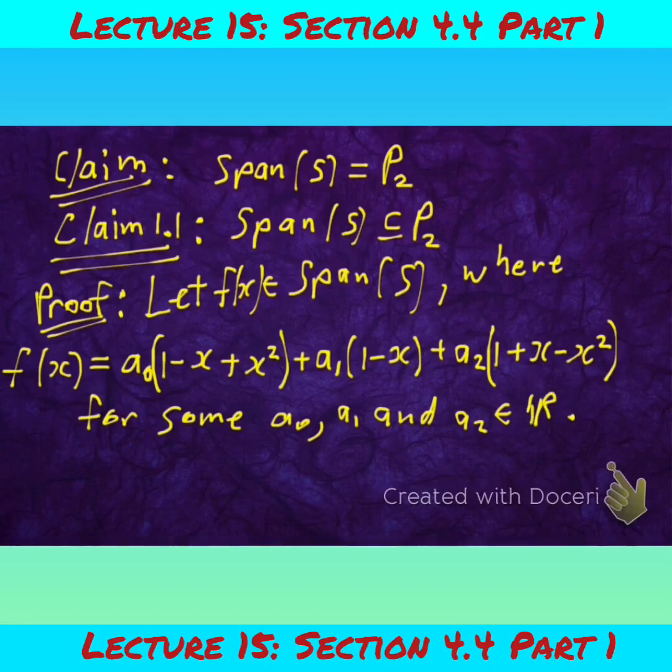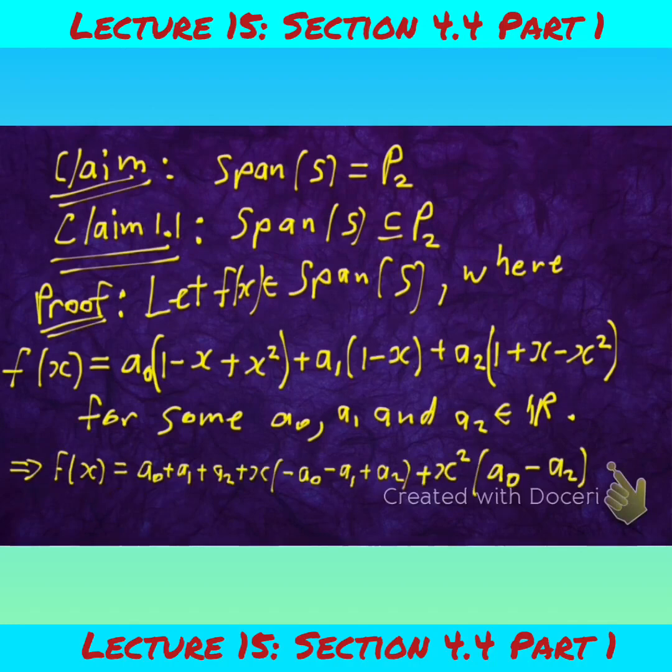Now, let's just verify that this is in fact a function in P2, and this you can easily see. So you can then basically see that f of x is equal to this. So that's what f of x is equal to.